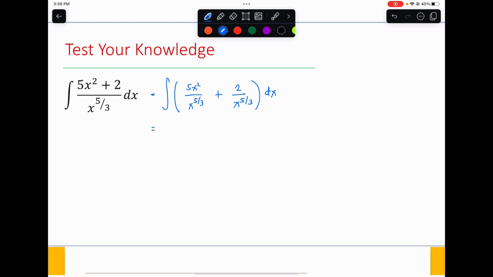In this case, we still have the same base, this is x, this is x. The exponent is 2, and the other one is 5 over 3. Since the operation is a quotient, we subtract the exponents. So that would be simply 5, and x raised to 2 minus 5 over 3.